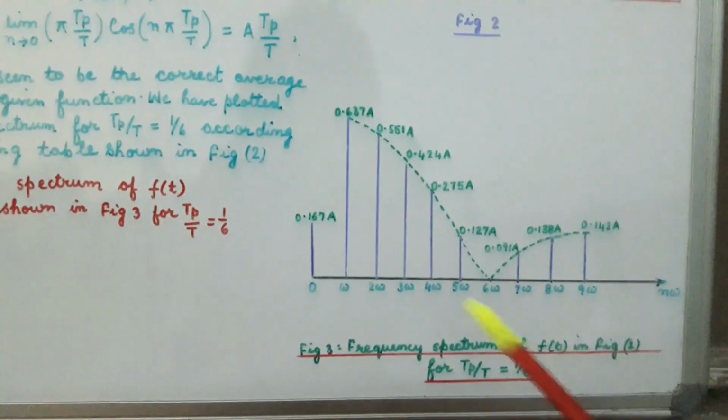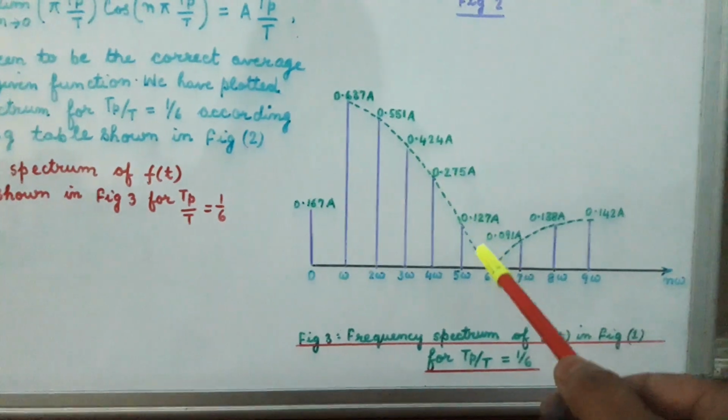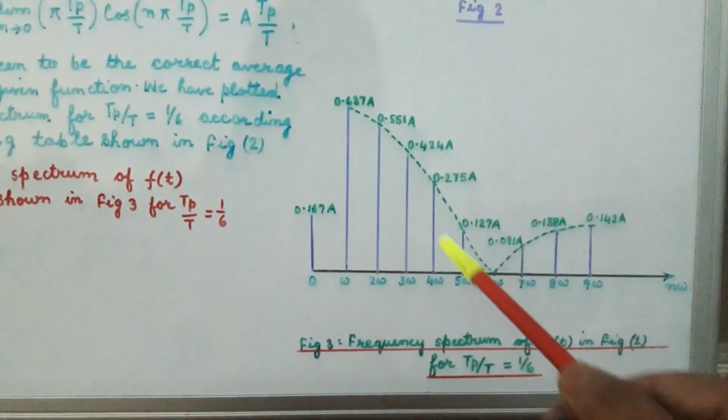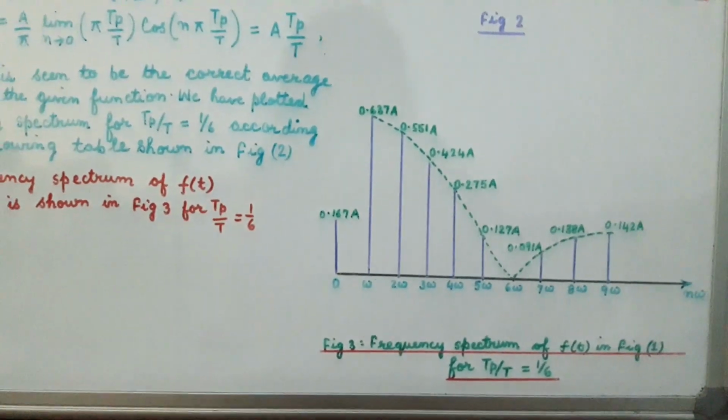The plot will come as shown in this figure. We will join the tips of all the lines, and in this way we can obtain the frequency spectrum of any given wave.